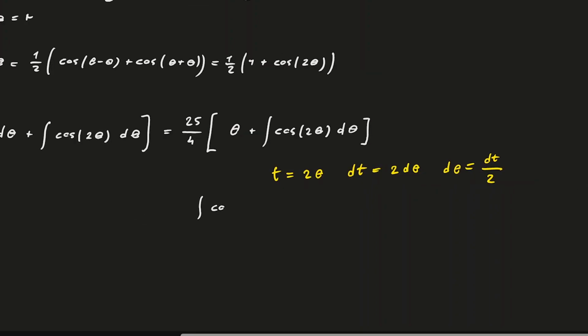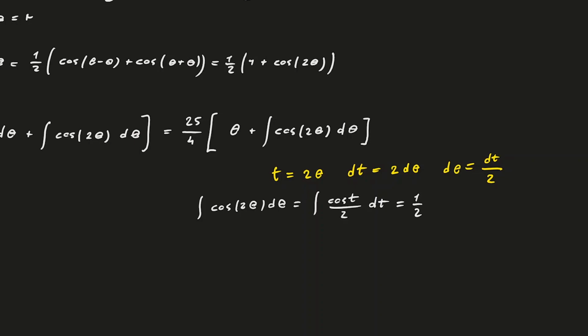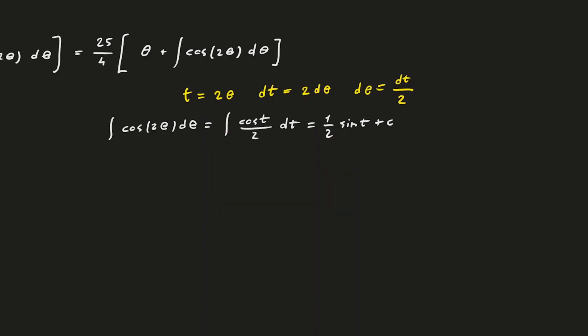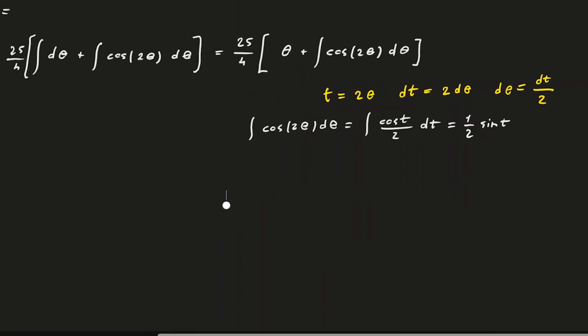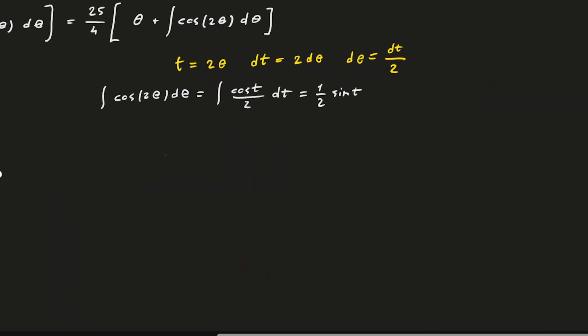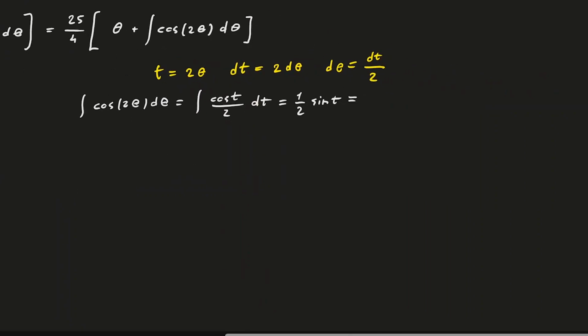So the integral of the cosine of 2 theta d theta is just the integral of cosine of t over 2 times dt. This equals 1/2 times sine of t plus the constant of integration c. But we don't need the constant of integration because we are doing all of this to find a definite integral, so we don't need the plus c, and this equals 1/2 times the sine of 2 theta.